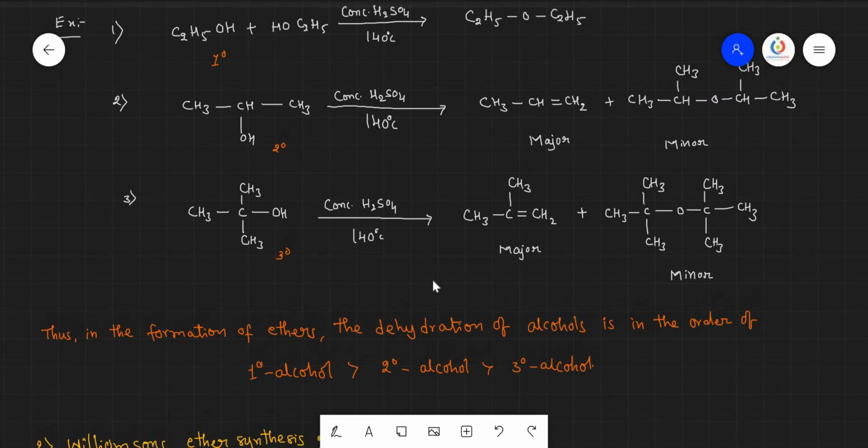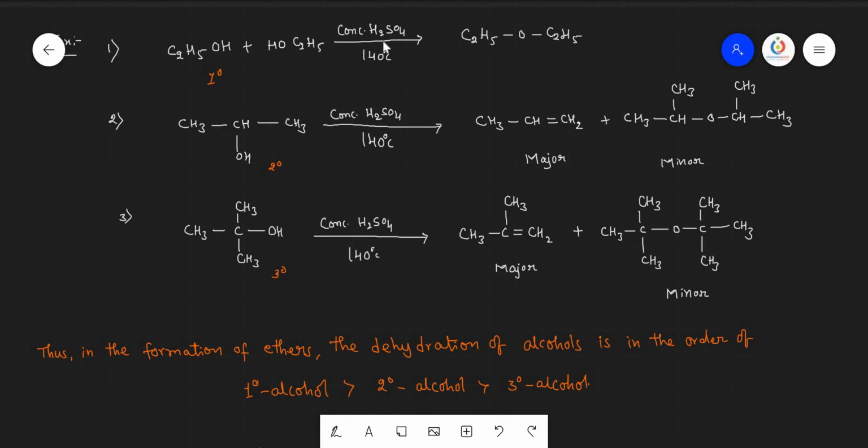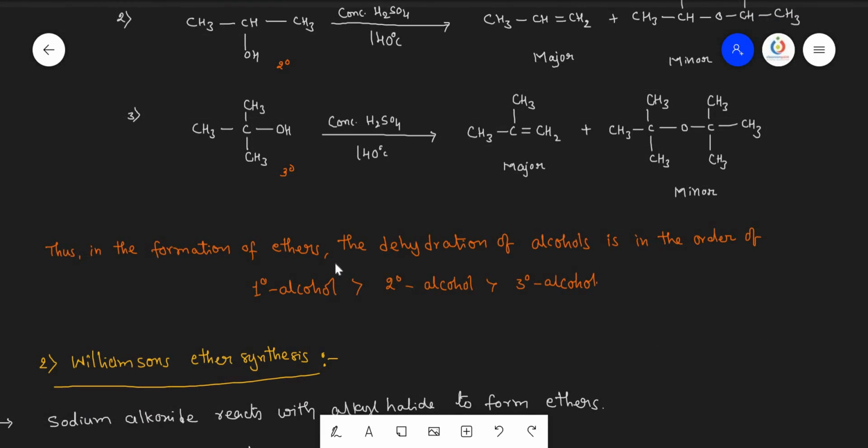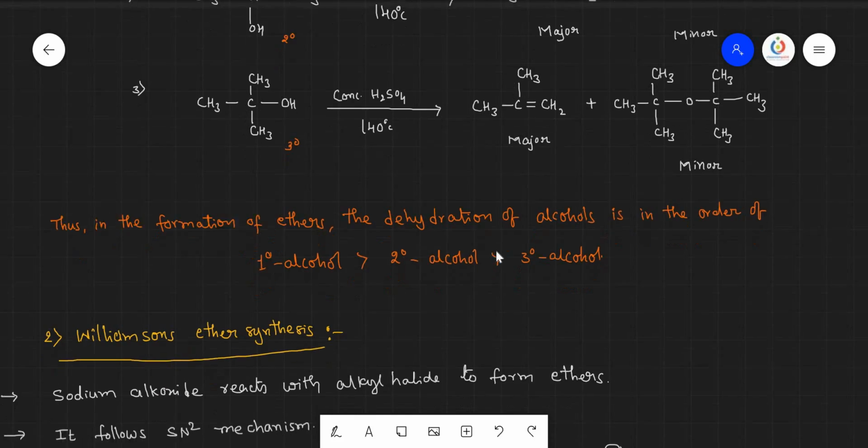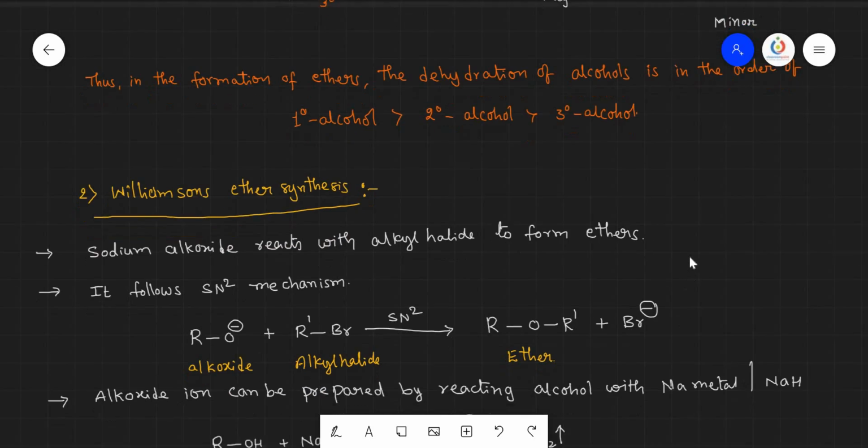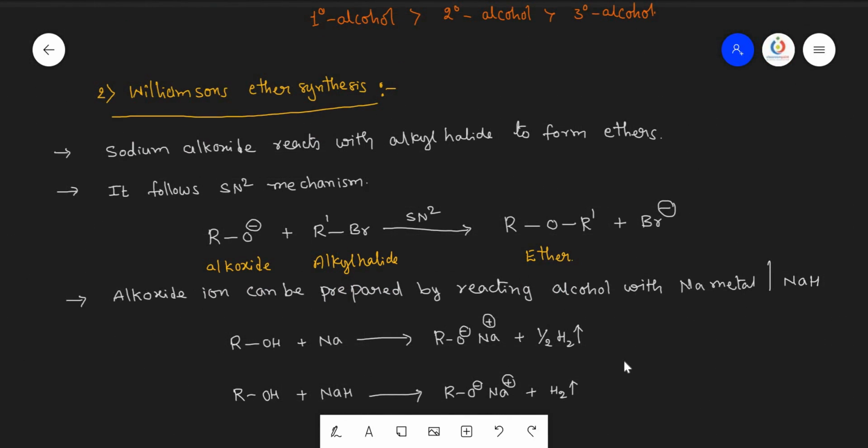That is the reason why, in the dehydration of alcohols using concentrated sulfuric acid at 140 degrees centigrade, ether production is preferably possible only with primary alcohols, not the secondary and tertiary alcohols. Thus, in the formation of ethers, the order of dehydration of alcohols is primary alcohol, secondary alcohol, and tertiary alcohol. Let us see one of the important reactions of ethers, that is Williamson synthesis.